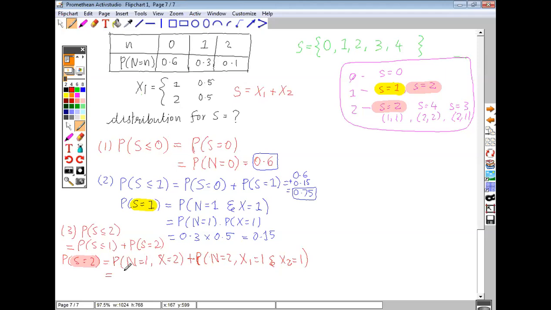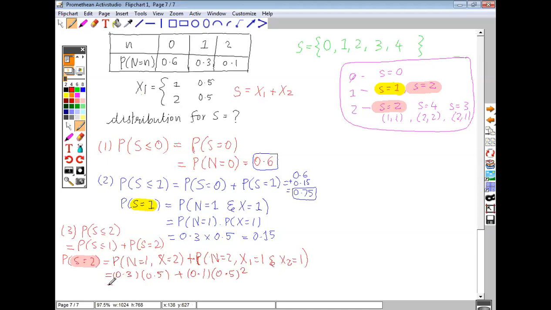Probability that my N is 1 is 0.3 and the chance that I will observe my X is 2 is 0.5, plus N will be 2 is 0.1, 0.5 square, right?